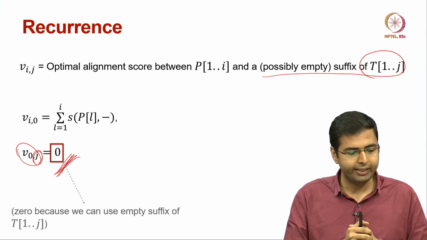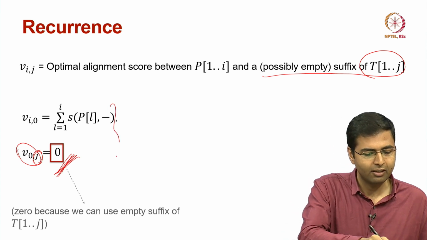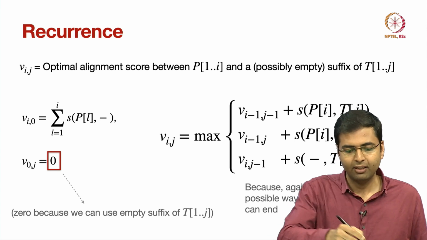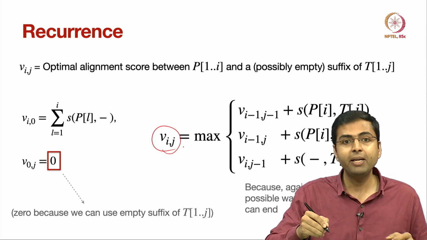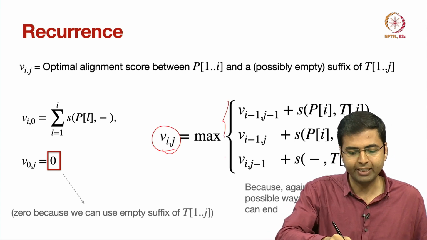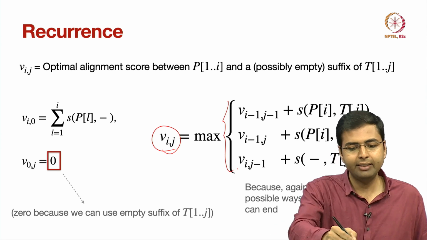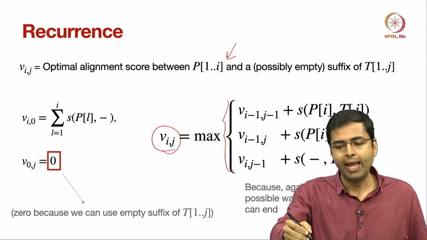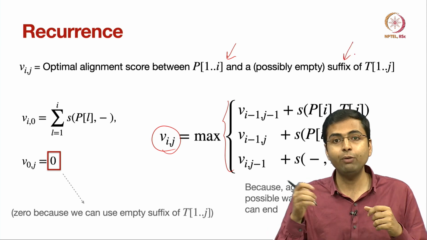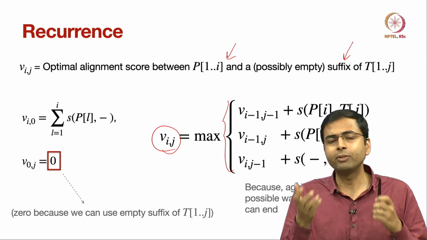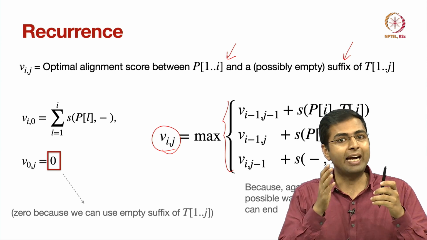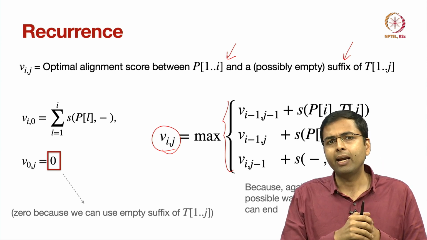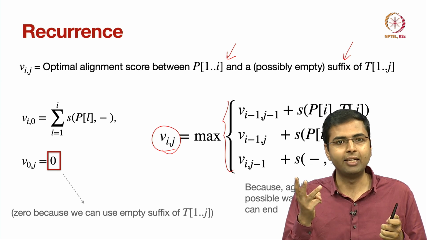Right. So, given these base cases, now we can define the same recursion as before, that is Vij will be the maximum of all 3 possibilities. Again, if you consider this alignment between pattern P1 to i and a possibly empty suffix of T1 to j, you can observe that the alignment can either end with a match, mismatch, insertion or deletion, and again we have only 3 possibilities to consider.